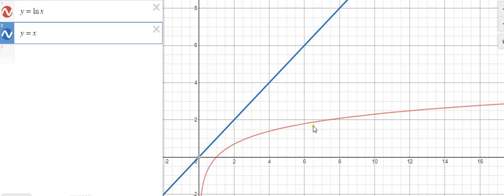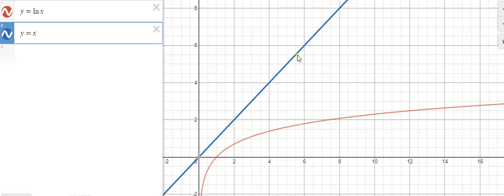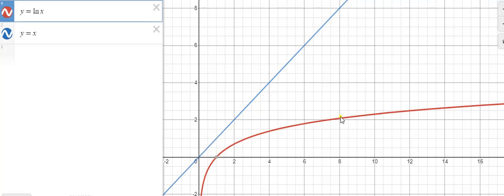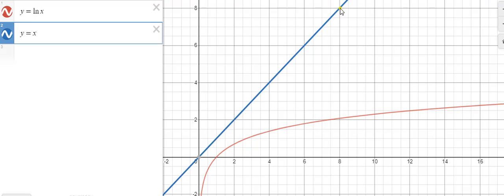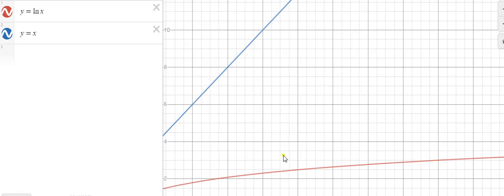But notice the difference between these two graphs. As x goes to infinity, they both go to infinity. However, look at the y value of both of them when they have the same x value. Y equals x has a higher y value than natural log of x as x goes to infinity.